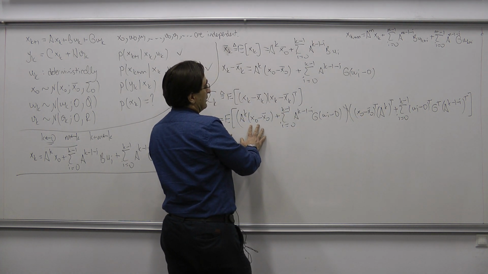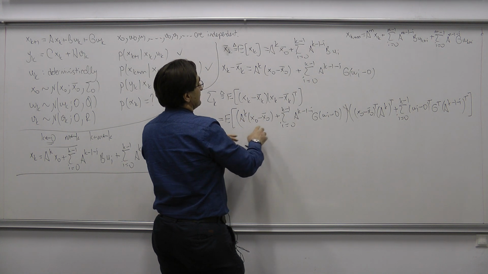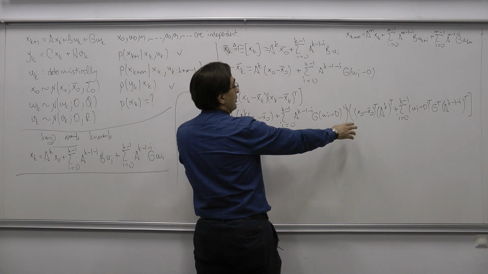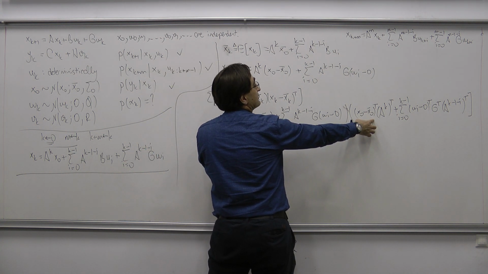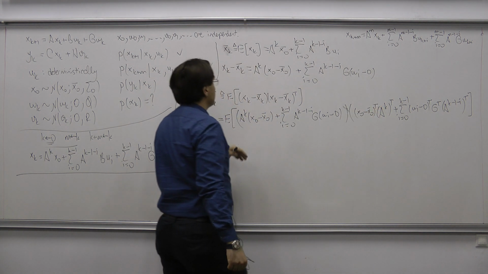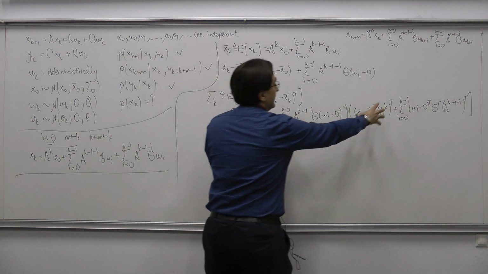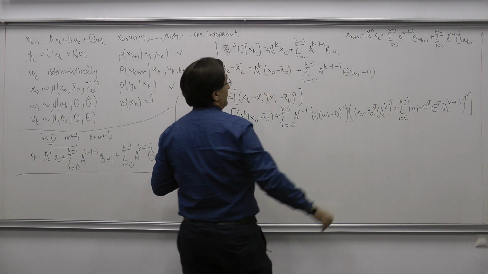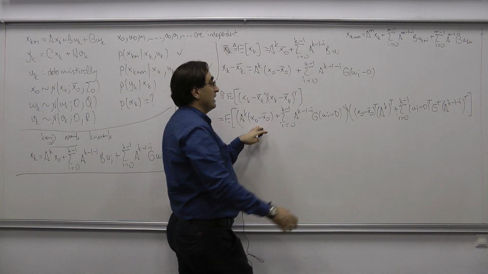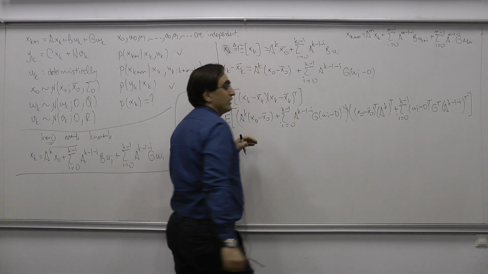So when I multiply these two terms, you see that it's going to be a^k times x0 minus x0 bar times x0 minus x0 bar transpose times a^k transpose. So this a^k and a^k transpose can get outside the expectation, and I only have to take the expectation of x0 minus x0 bar times its transpose.